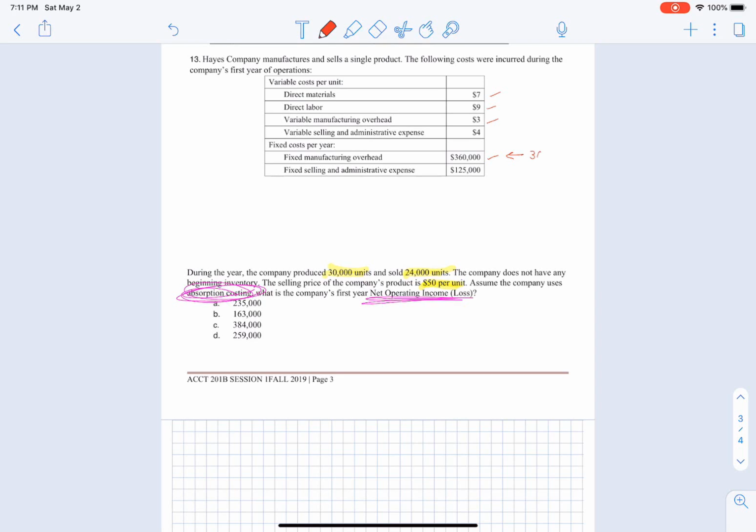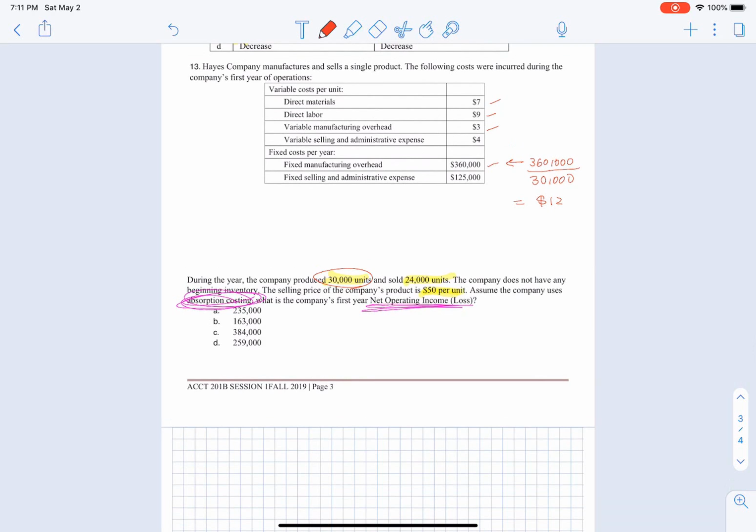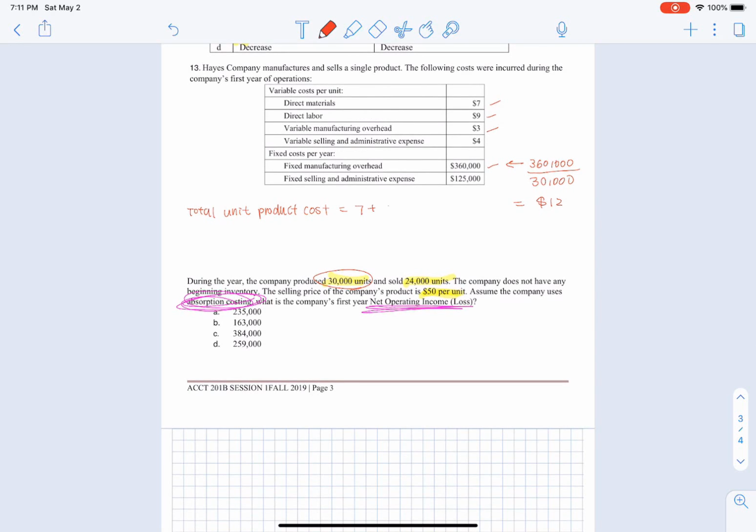So it's 360,000 divided by our number produced, which is 30,000. We end up with $12. So we add up our total unit product cost: 7 plus 9 plus 3 plus our 12. We end up with $31.